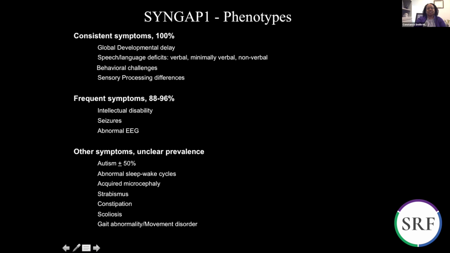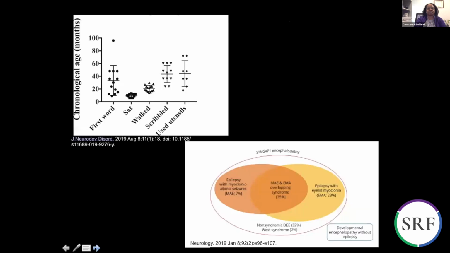Intellectual disability, epilepsy, and abnormal EEG are seen in about 88 to 96% of patients, depending on the study and the cohort of patients, and autism is seen in about 50% of patients. For the remaining clinical features, sleep, acquired microcephaly, strabismus, constipation, scoliosis, and gait, the prevalence in SYNGAP1 is not yet clear.